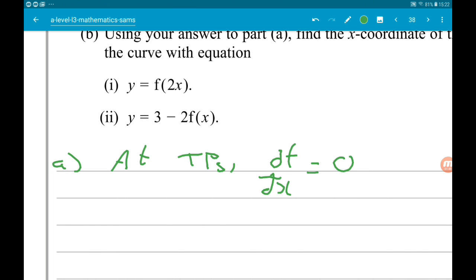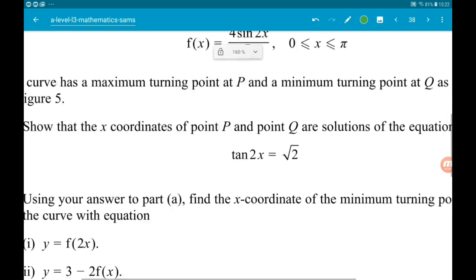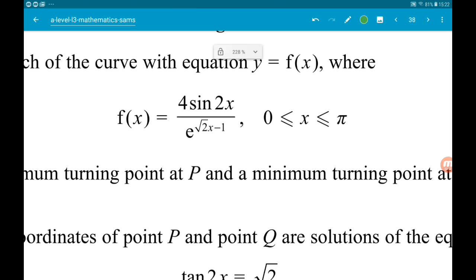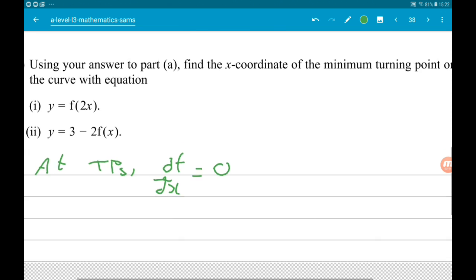So what we need to do is find df by dx, set it equal to 0 and solve for x. Although we don't actually need to solve, we just need to get down to tan 2x is equal to root 2. So our function then is 4 sine of 2x over e to the root 2x minus 1.